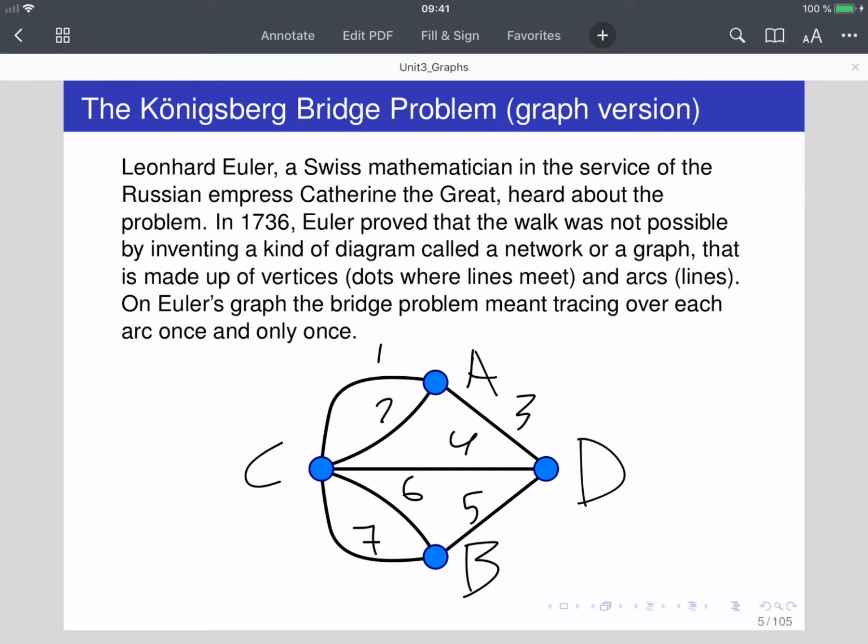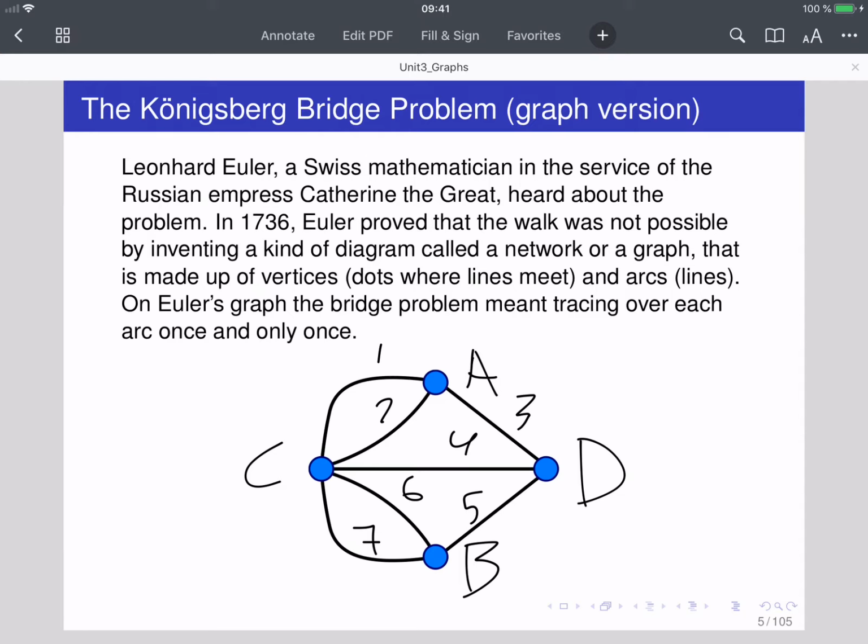Okay, we will study the solution that Euler gave to this problem. If you want, you can think about whether it is possible to solve this problem in the positive, if it is possible to find a path through the bridges using each bridge once and only once to cross all of them, or if it is impossible.